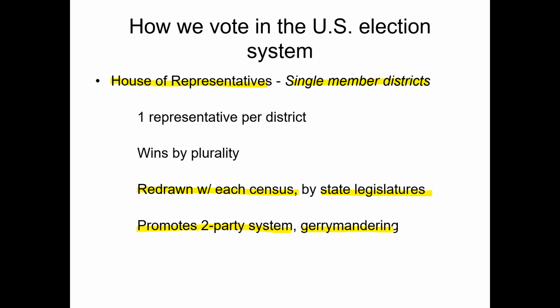But we've already talked about gerrymandering, in that the party in control of the state legislature can redraw districts and will have the power to approve those because they have the majority, and they will redraw those districts in their favor to ensure that they maintain that majority.